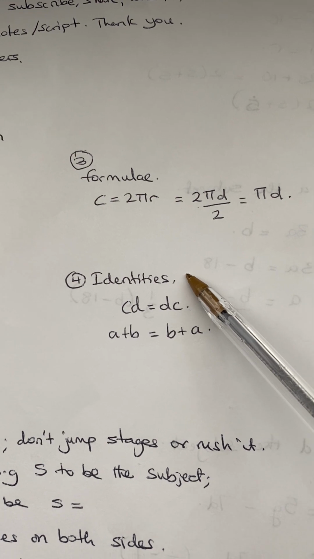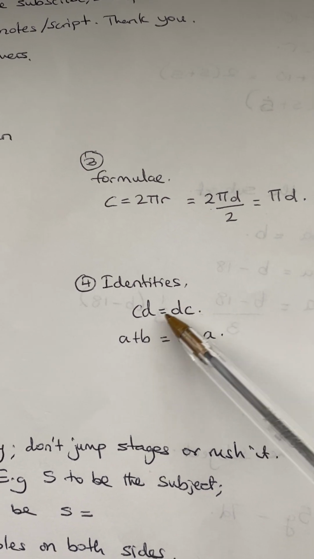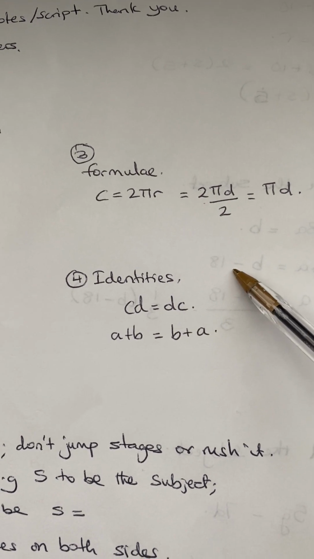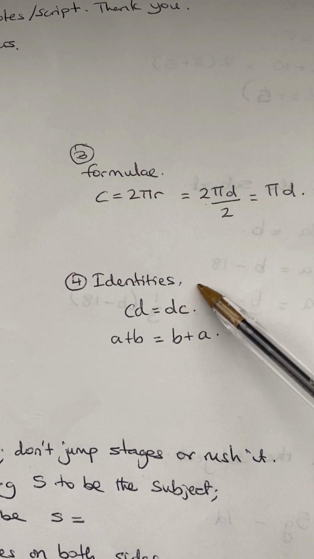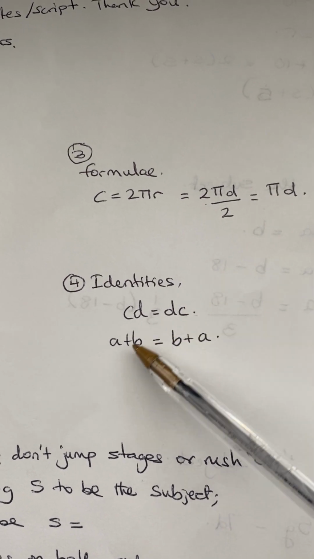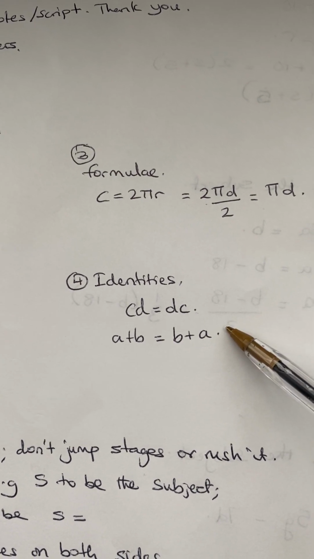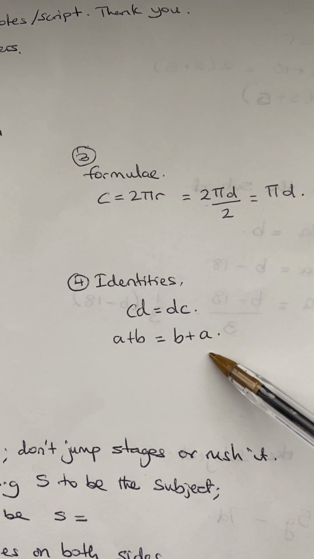Identities. Okay, I explained it in detail yesterday. cd equals dc. Okay, so 2 times 3 equals 3 times 2. A plus B equals B plus A. Okay, so yesterday I even went further.